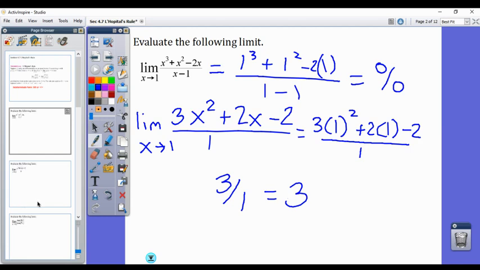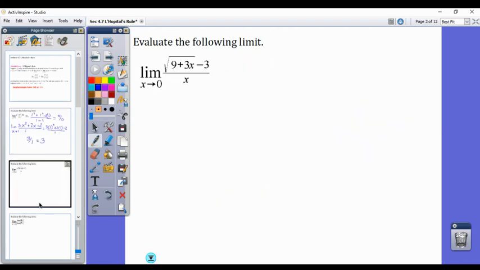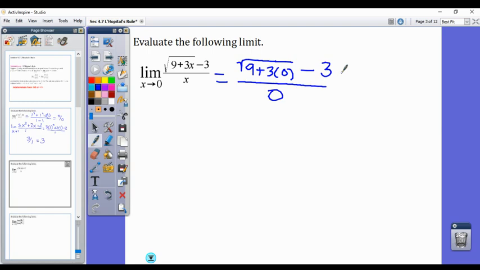Okay, let's do another one. All right, so this one's a little bit more complicated when I'm taking the derivative, but let's see what we got going on here. So when I plug in 0, I'm going to end up with, so essentially we're going to have 3 minus 3, which is 0 over 0 again, okay?